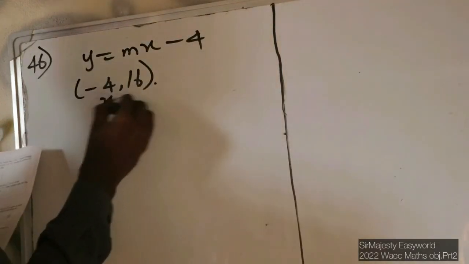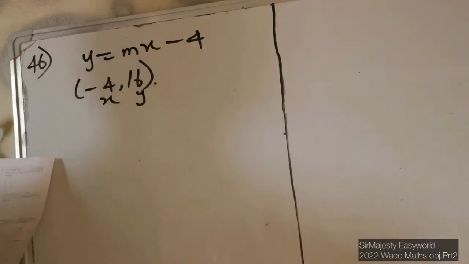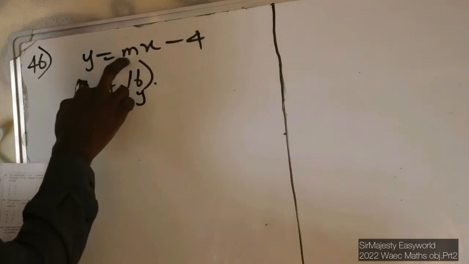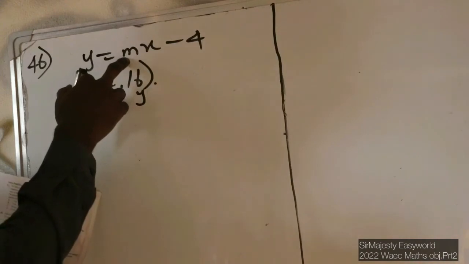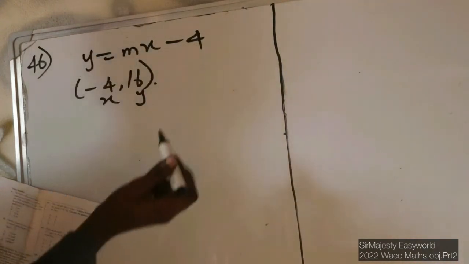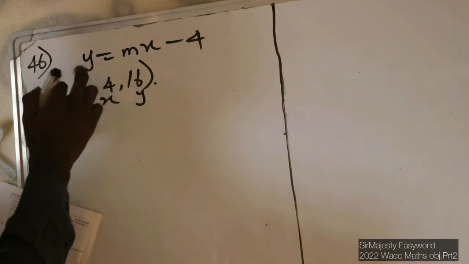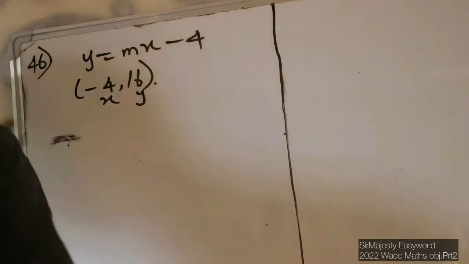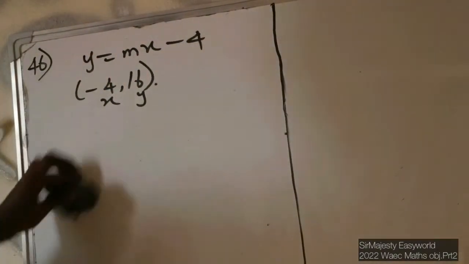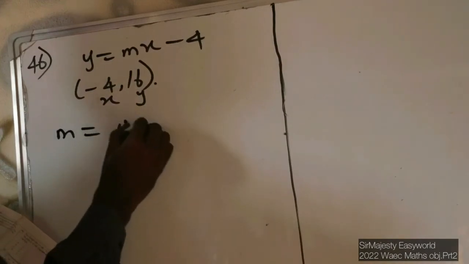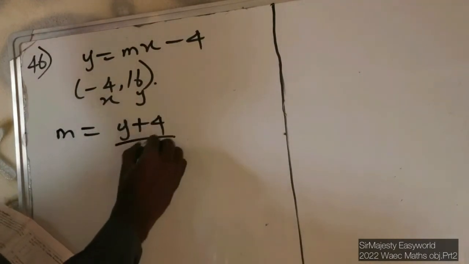Here, this is our x value and this is our y value. We're going to substitute these values into this equation and then find the value of m. As we all know, m is the gradient of this line, also known as slope. Let's make m the subject of the formula first so that it can be easier. So m is equal to y plus 4 all over x.